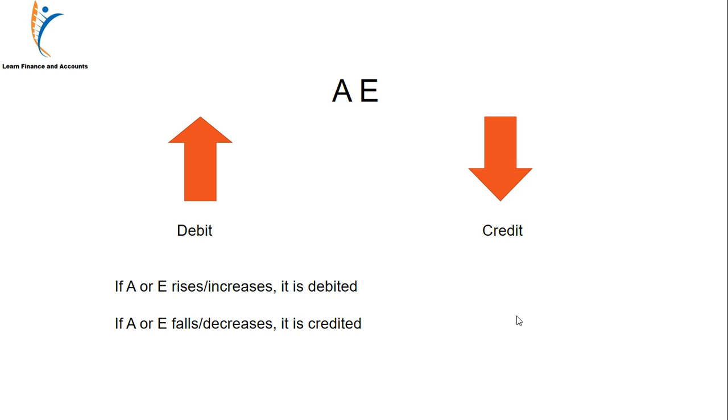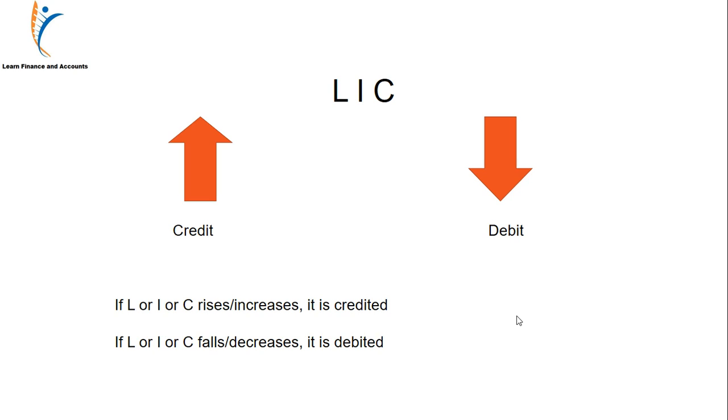This was for group number 1. For group number 2, again you see two arrows. When L, I or C increase, up arrow, the account will be credited. When L, I or C falls or decreases, the account is debited.